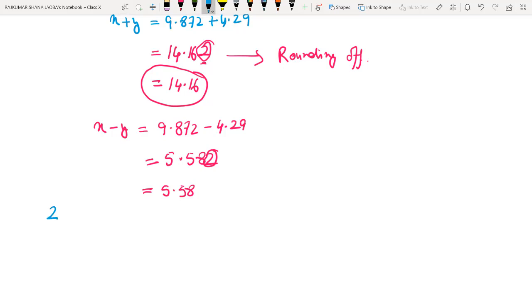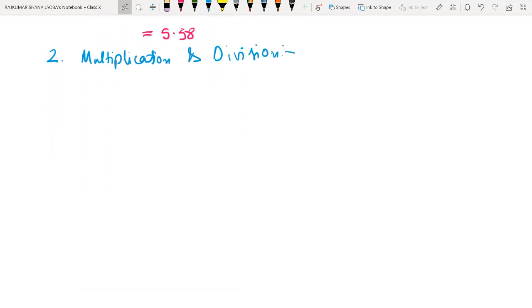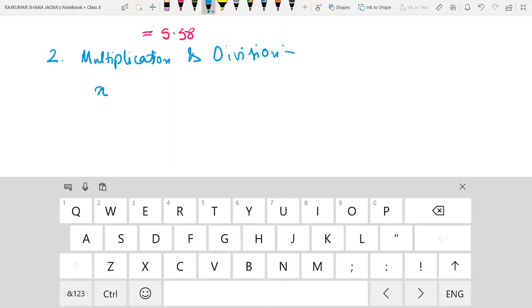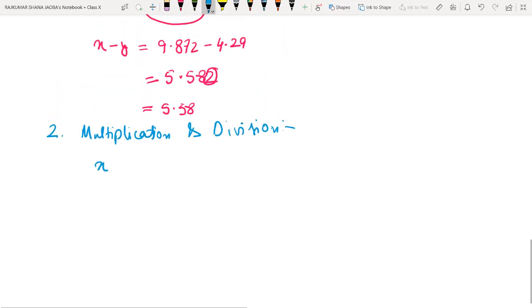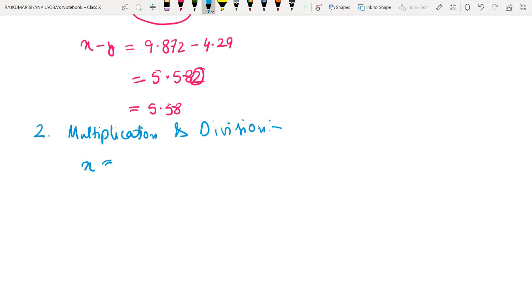Okay, number 2: multiplication and division. Suppose x equal to 4.192, y equal to 2.02.